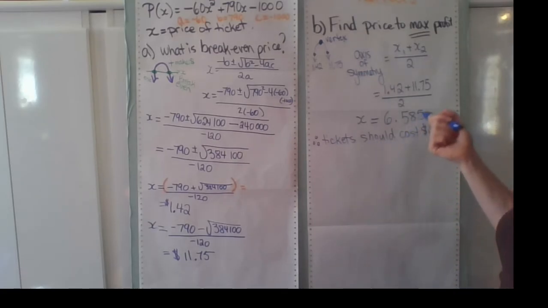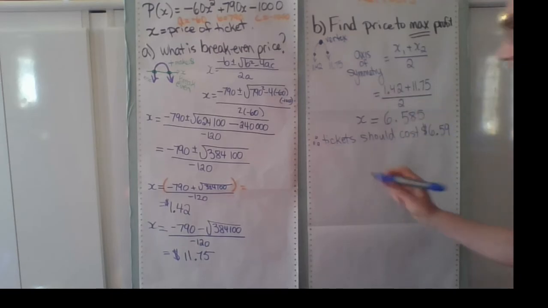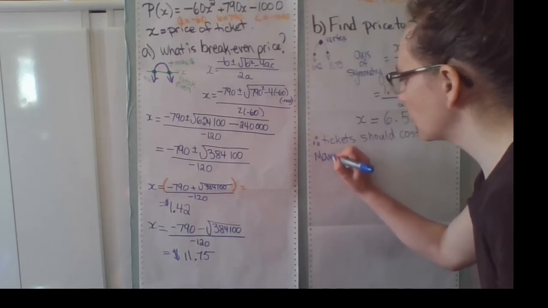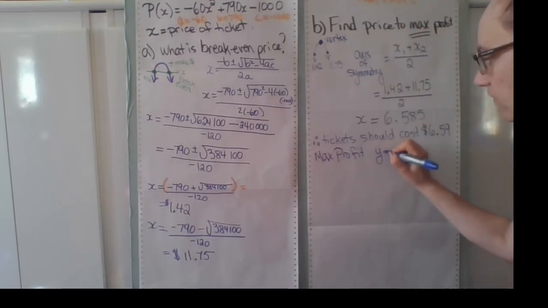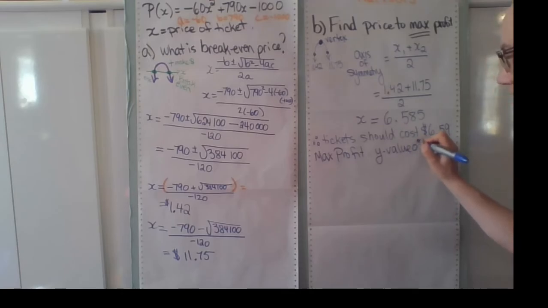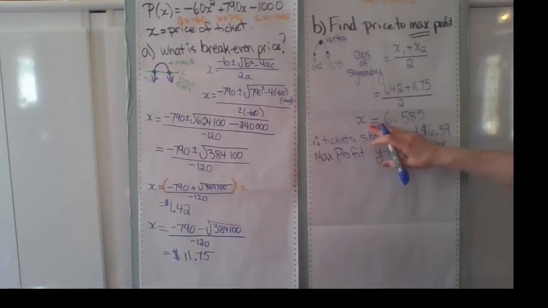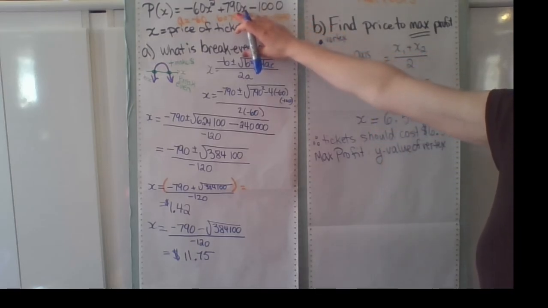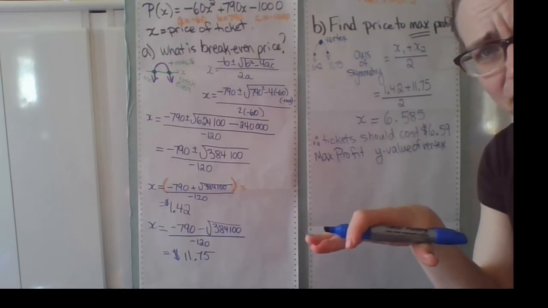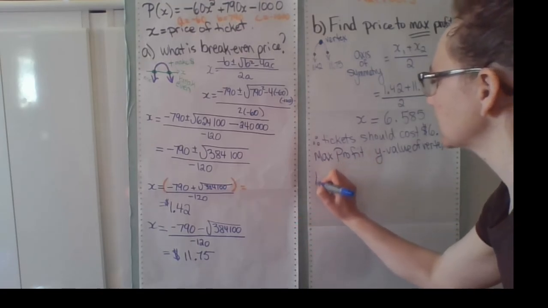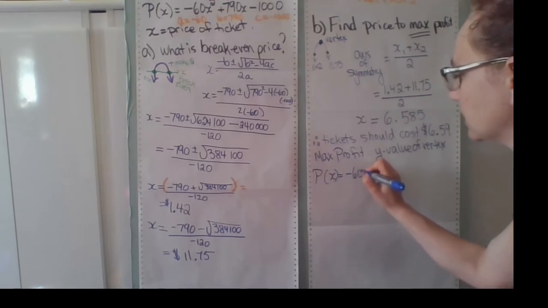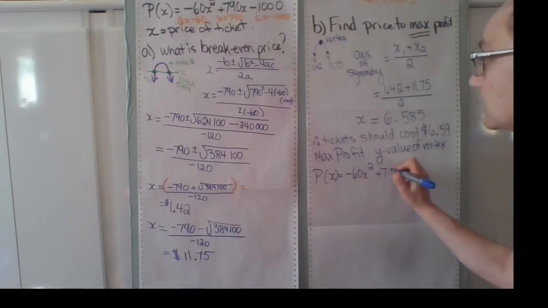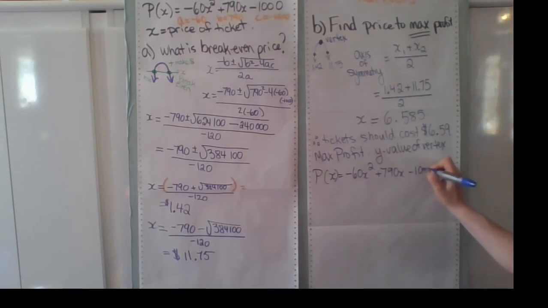Now I know the question doesn't ask for maximum profit, but let's do that anyway. So my max profit will be the y value of the vertex. That'll be when we take our axis of symmetry and stick it back into the original equation. It's just a calculator question. You got this. So I know my P of x is negative 60x squared plus 790x minus 1,000.